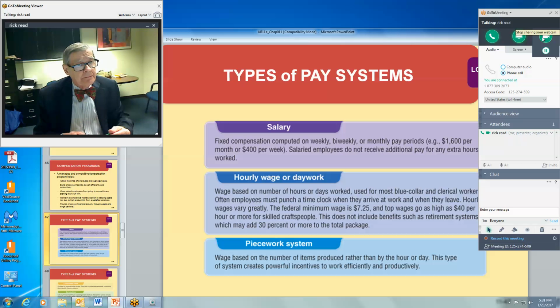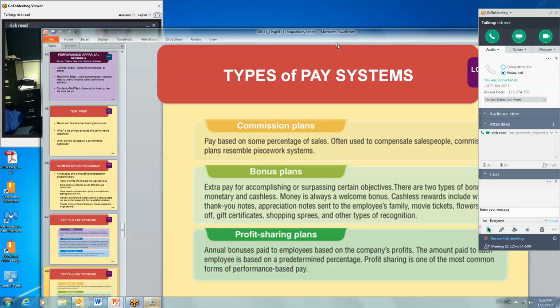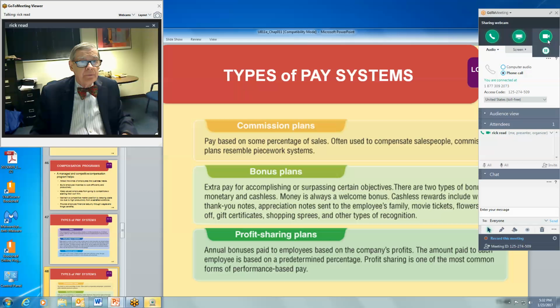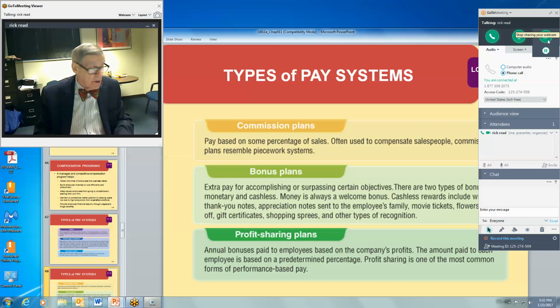And then you have a piece rate system where you're paid based upon the number of pieces that you did. Other types are commission, where you are being paid on a percentage of, by the way, this can be seen on page 319, figure 11.6, the number of sales that you've had. Bonus plans, exactly what it says.